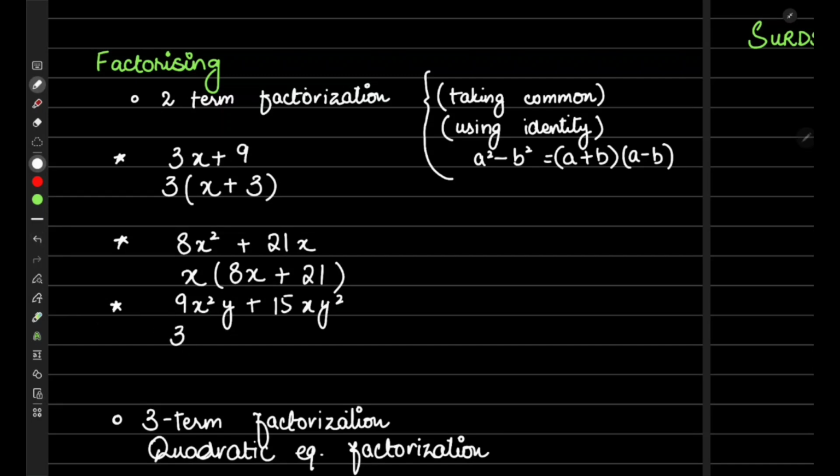Also we have x common and y common, so we end up getting 3xy times 3x plus 5y. So this is how a two-term bracket could be expanded.